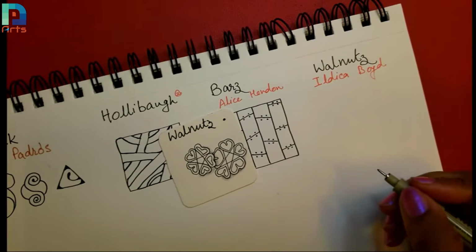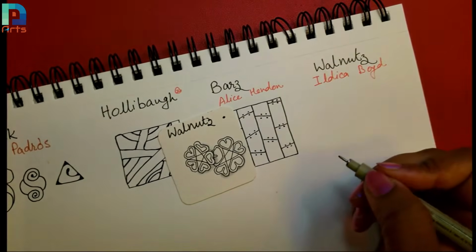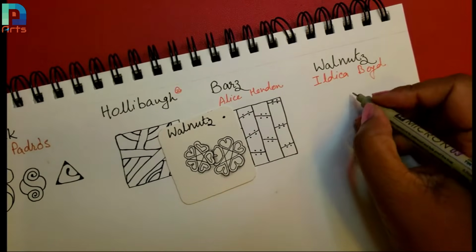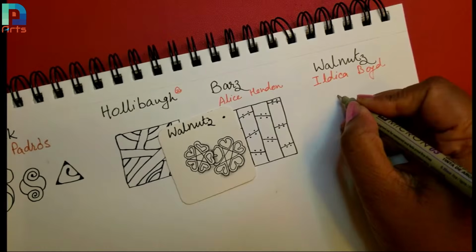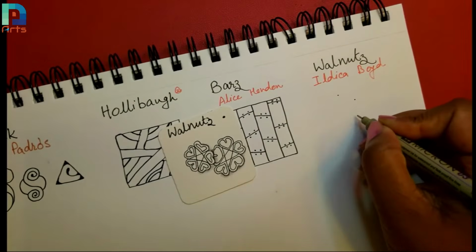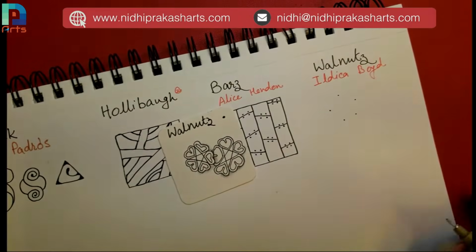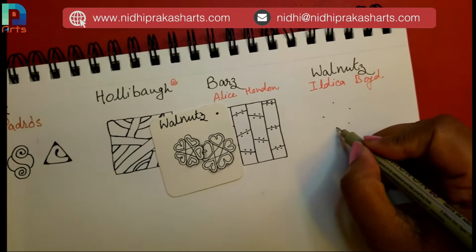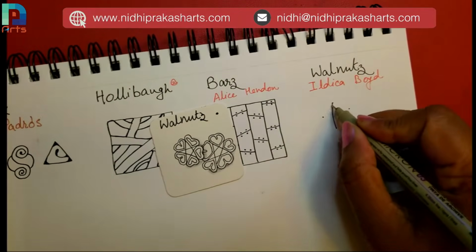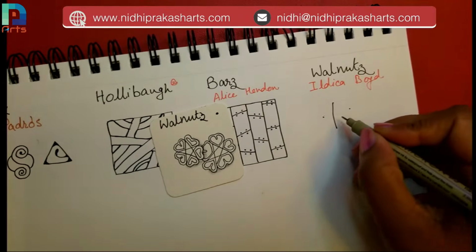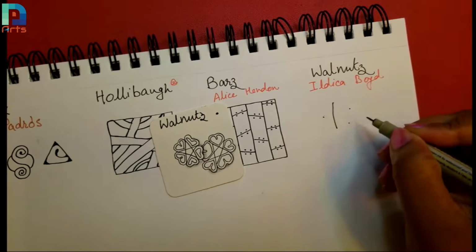How do you draw this? First you draw the star. For drawing the star, you can do 5 dots in a pentagon shape, one, two. Then you join them: you leave one and join with a straight line first.